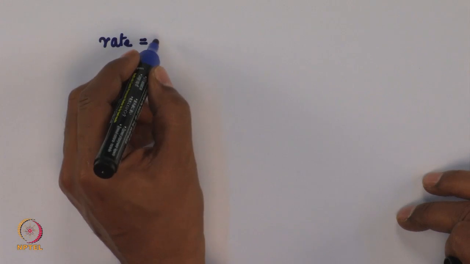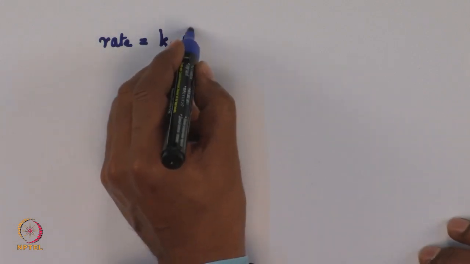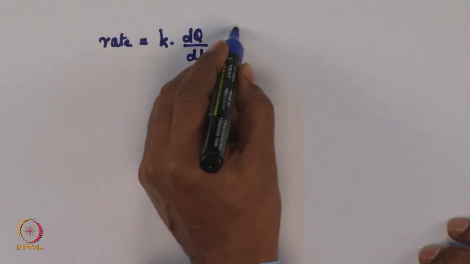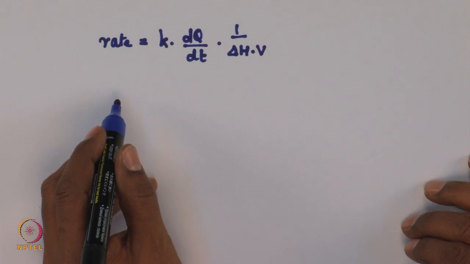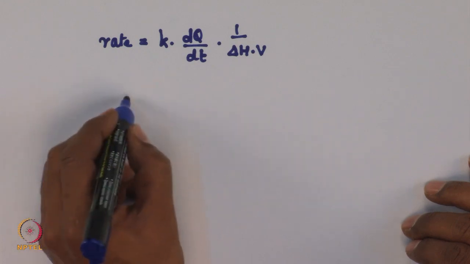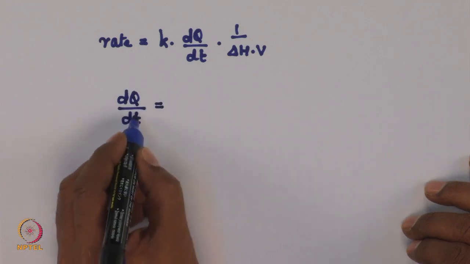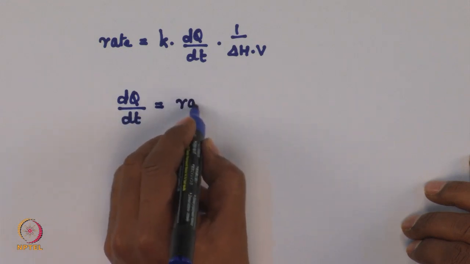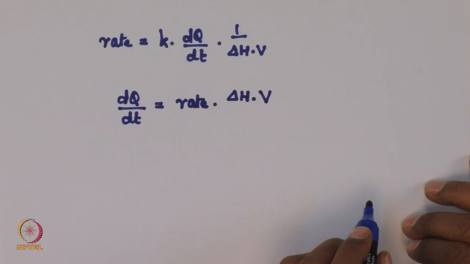So, I write rate is equal to K into dq by dt into 1 over delta H into V. So, therefore, dq by dt is equal to rate into delta H into V. Fine.